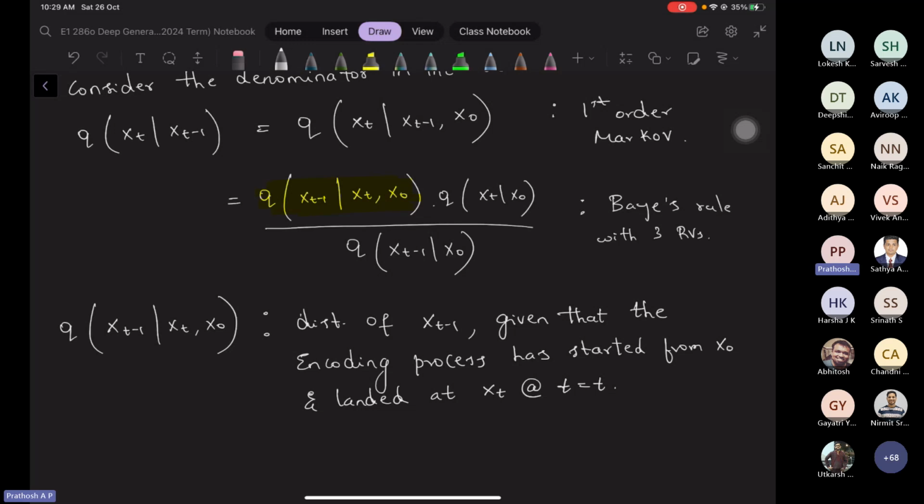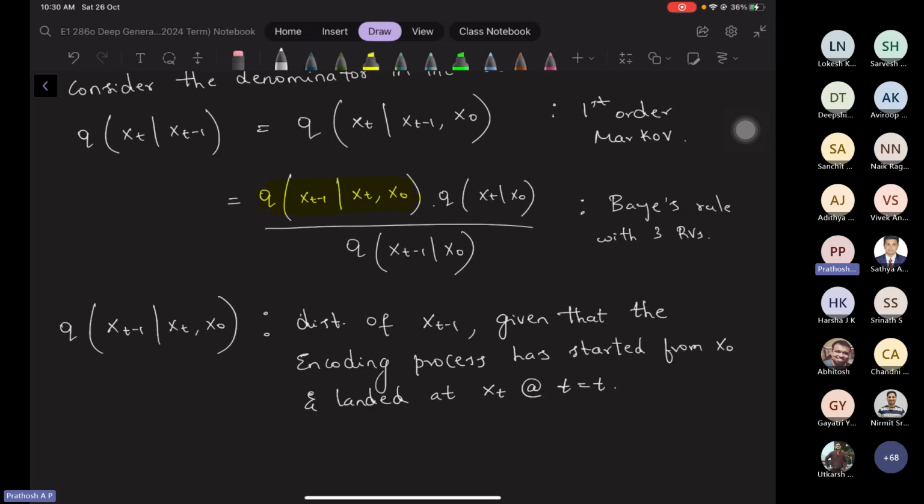Basically, if you start from x naught, depending upon what kind of noise you add, or what kind of samples you get for epsilon, xt can be very different, correct? Do you agree? Starting from x naught, you keep adding noise. Please focus on this and respond to me if you understand or not, because this is the key.